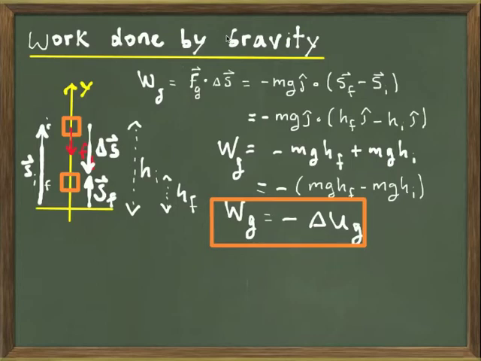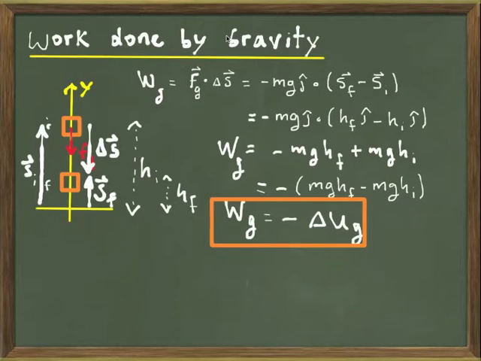It decreased. So delta UG is a negative number for this motion. With a negative in front, it turns into a plus. So the positive work done by gravity is connected to the fact that the gravitational potential energy decreased. Those two things are connected.